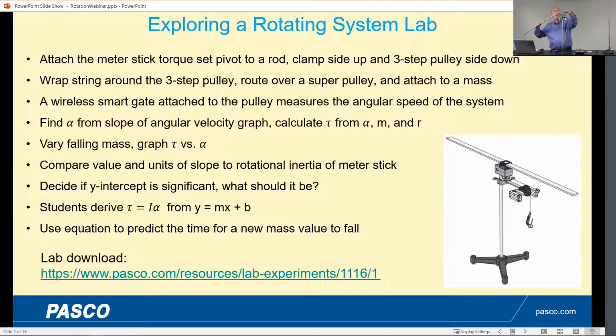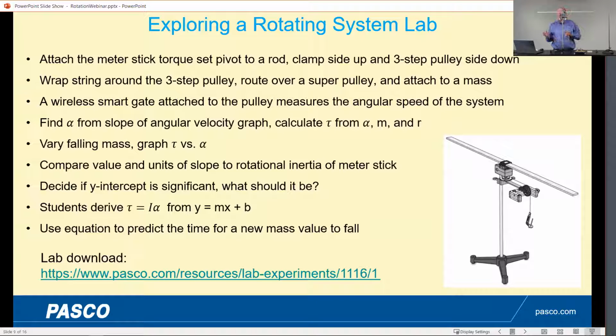Let's put the meter stick in the clamp to slow it down. I'm going to put it right at 50.